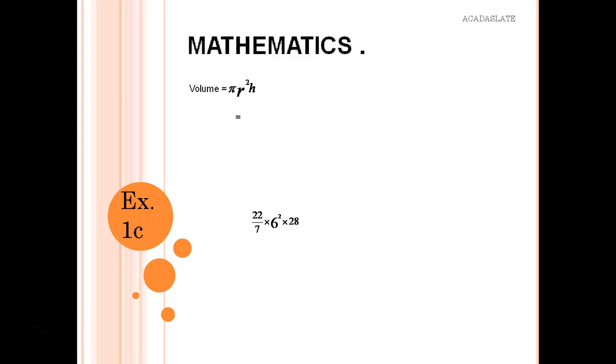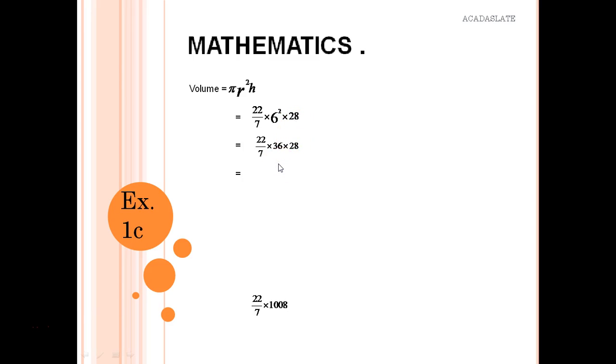Applying the formula, the volume of a cylinder is pi r squared h, that is, the base area times height. So applying the variables into the formula, we have 22 over 7 representing pi, times r, representing radius, squared, times h, which is 28.